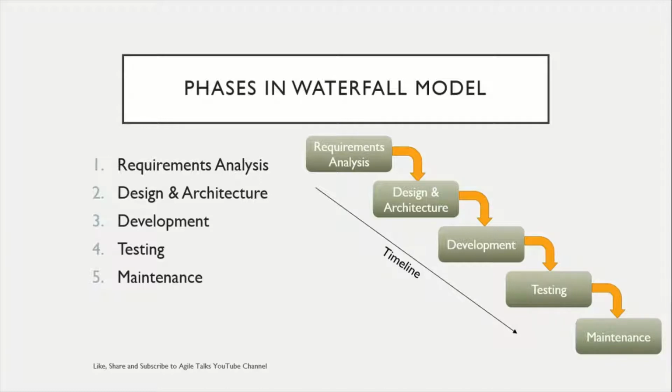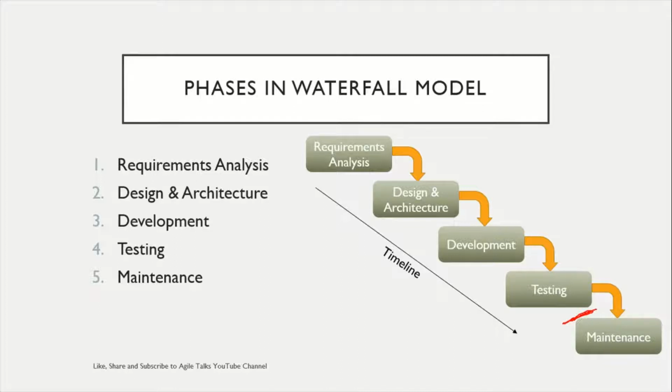They will build the architecture and design, and then give it to the development team, where a bunch of software engineers will be coding the software. Once the software is developed, it is given to testing, and here is where they will release the product. Once the product is released or sold to the customer, we have a maintenance phase to check whether the product is working correctly or not.